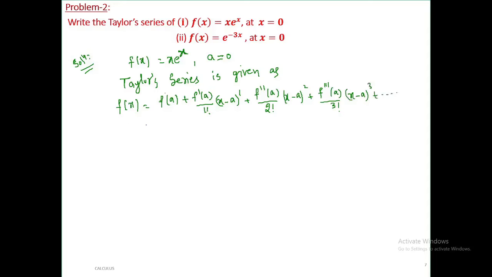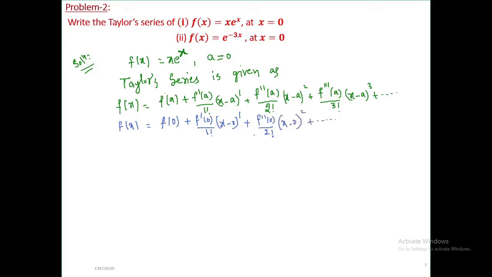Now this will be modified as f of x is equal to f of a, so that means f at 0, a is 0. So f dash of 0 by 1 factorial into x minus 0 whole to power of 1 plus f double dash at 0 by 2 factorial, right, into x minus 0 whole power 2 plus up to so on.